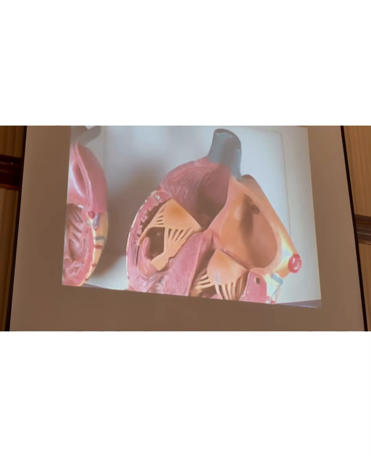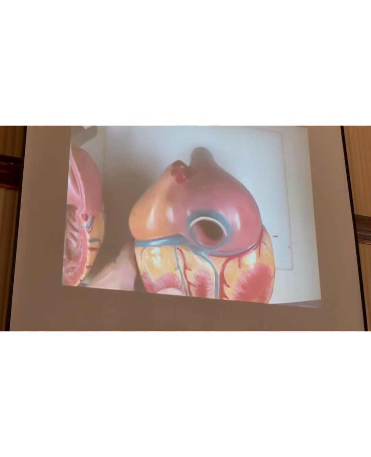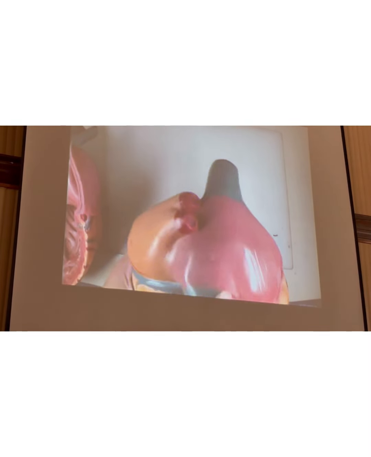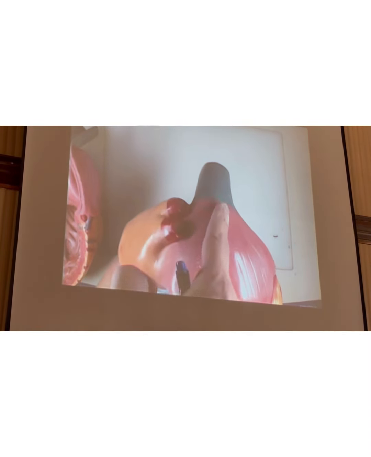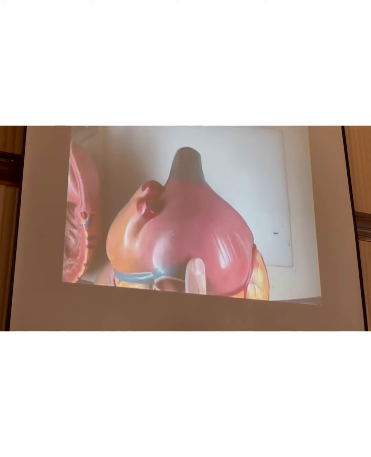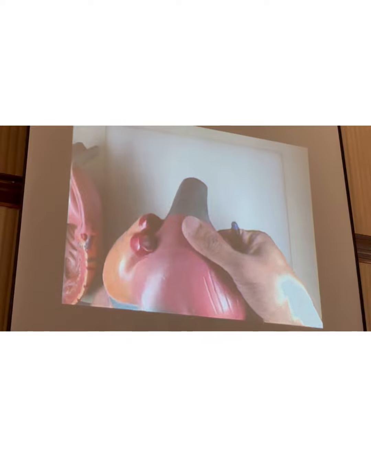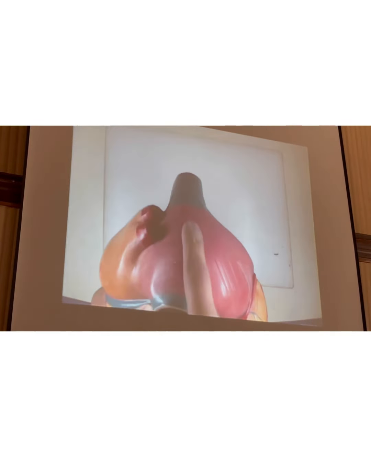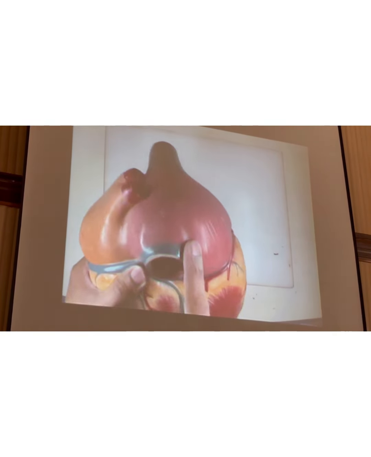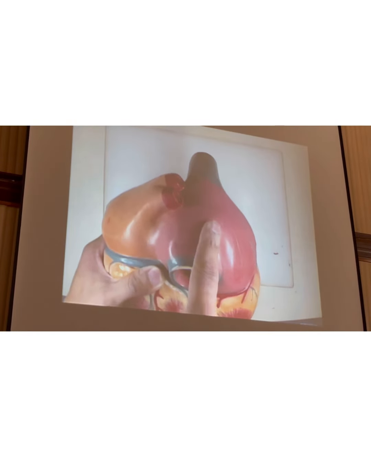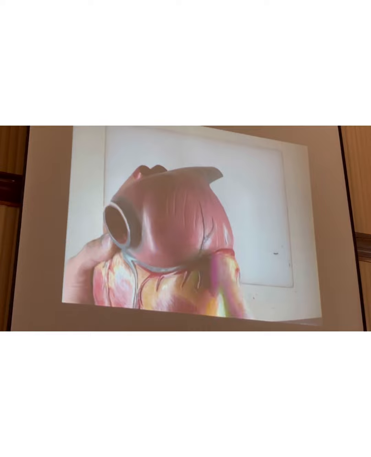Okay. Externally, this is the sulcus. This is called the sulcus terminalis. So the crista terminalis from inside, from outside it is the sulcus terminalis, which separates the main cavity of the atrium and the auricle.